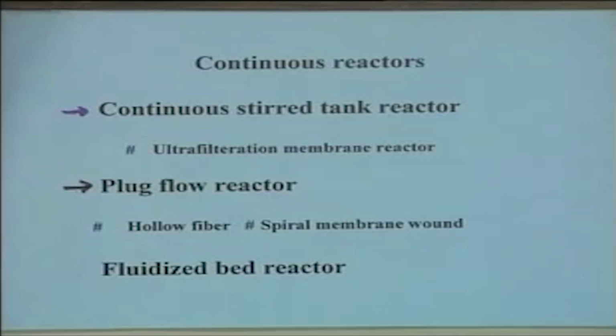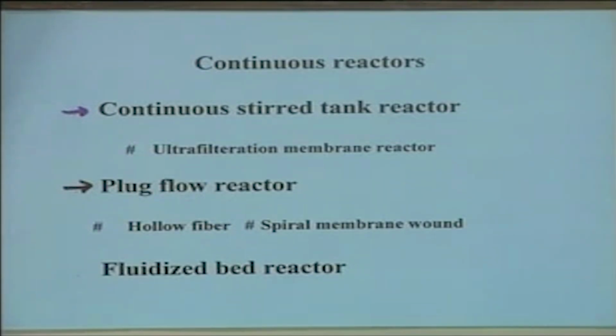Then if you come back to your continuous reactors, the second category is plug flow reactors. Incidentally, in a much broader sense, packed bed reactors are probably one of the most commonly used types of reactors in immobilized enzyme applications, mainly because of the nature of the catalyst, which is usually in the form of either particles or films.